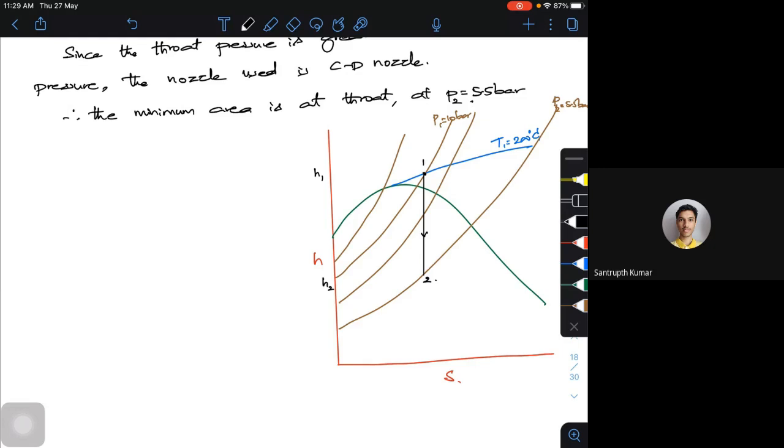From the Molière diagram, try to get these numbers: H1 and H2. Thus delta H is H1 minus H2. Try to get that number.